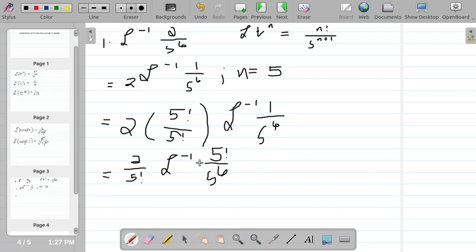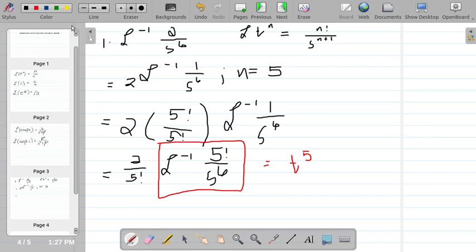We know that the inverse Laplace of this is t raised to the power of n, where n is 5.